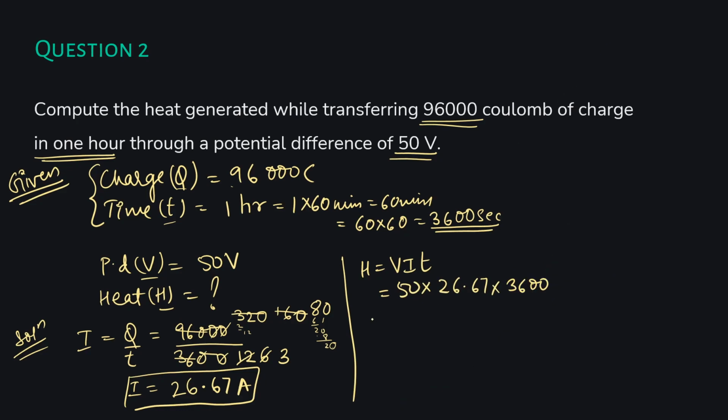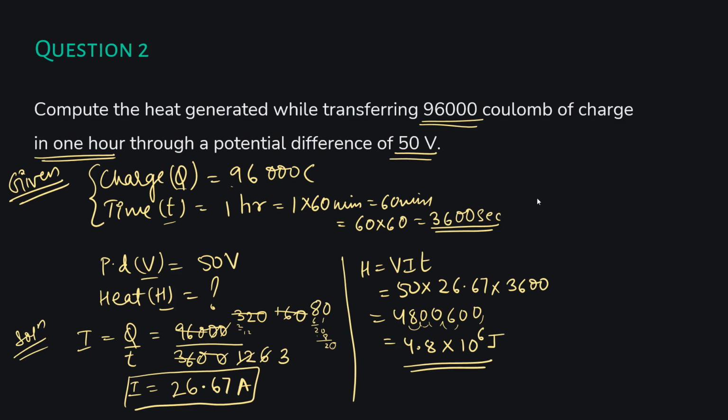So when we multiply it, we get 4800600. So we can just write this as 1, 2, 3, 4, 5, 6. If I take the decimal 6 places to the left, it becomes 4.8. So it approximately becomes 4.8 into 10 to the power 6 joules. This is my answer.